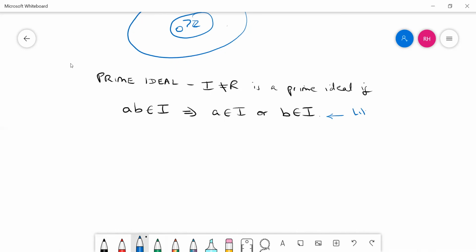So this is like the prime numbers, the primes in the integers.